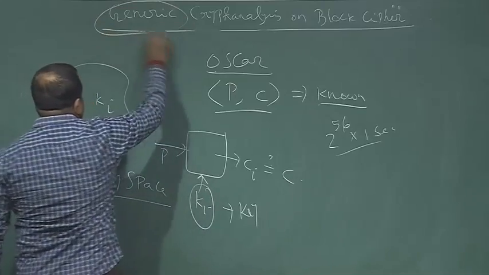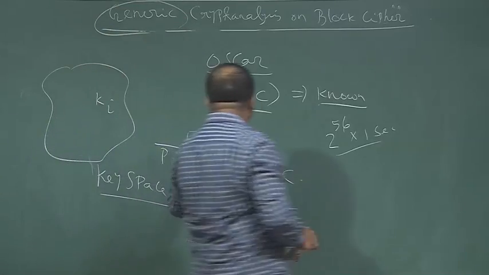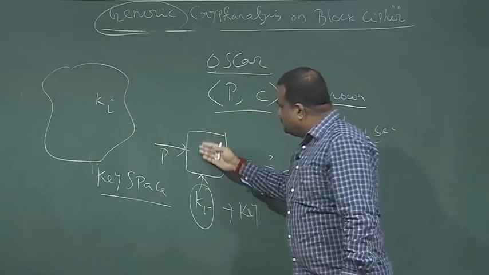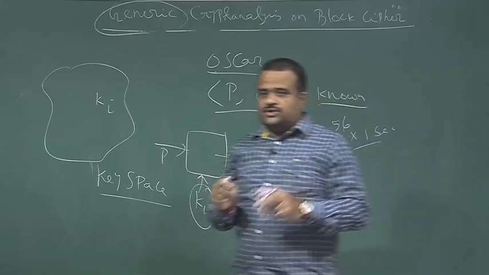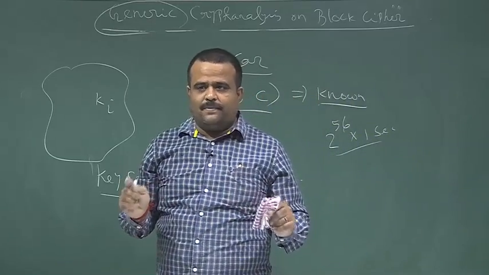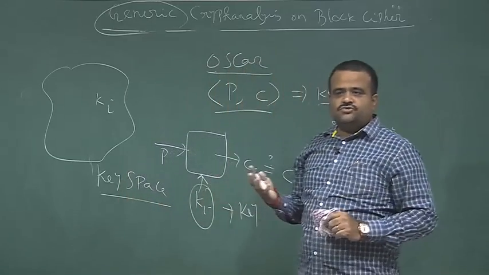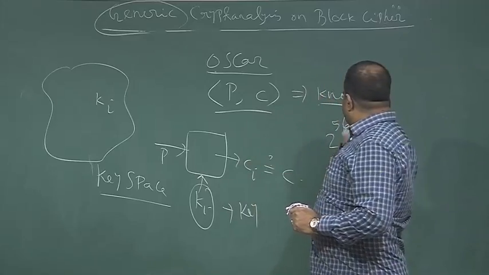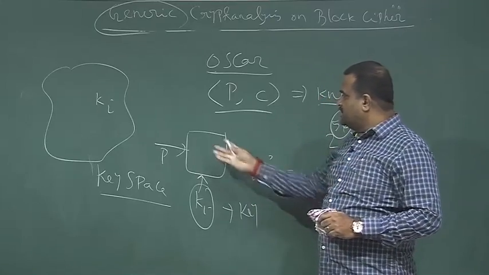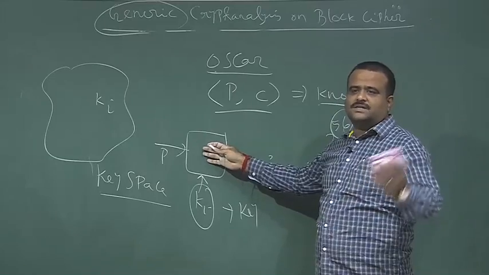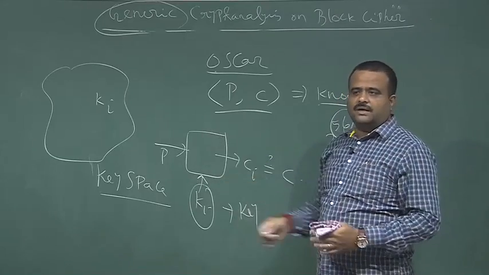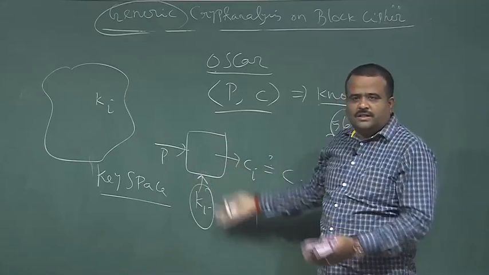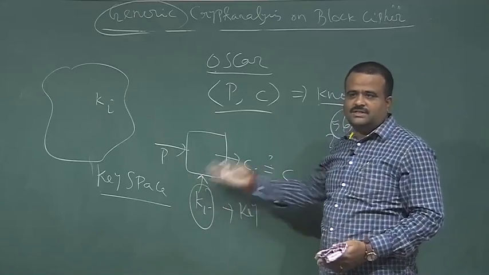Generic in the sense, here we are not using any information about how this DES is designed. We are not looking inside the block cipher or inside the cipher. We just need to know the key size, this 56 bit. So, instead of DES, if it is some other cipher, and which is having key size 56 bit, then also we can mount this attack in a similar way.